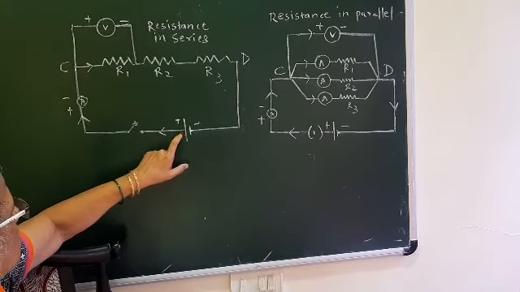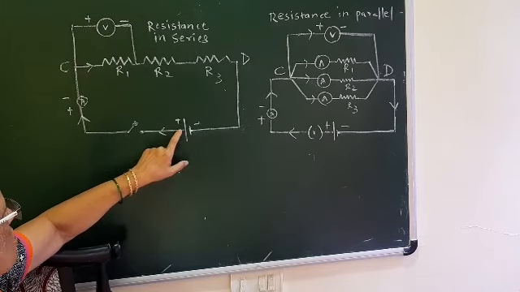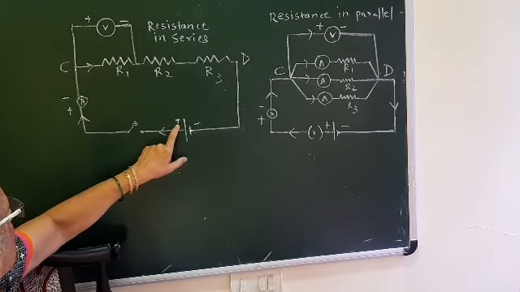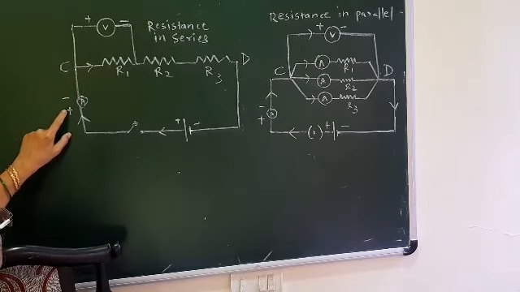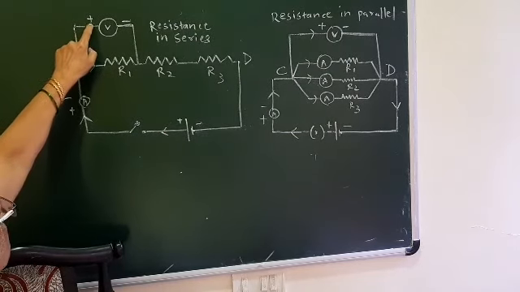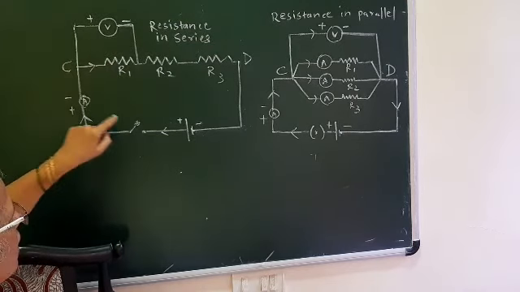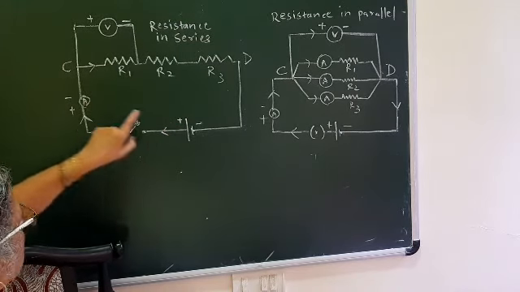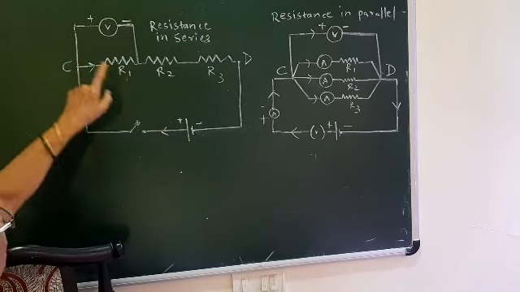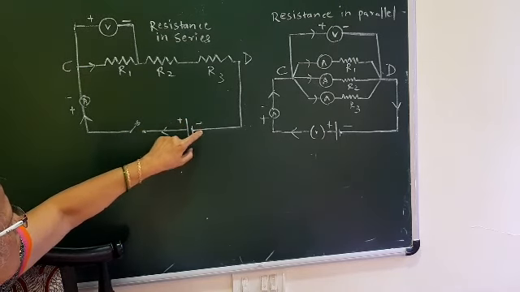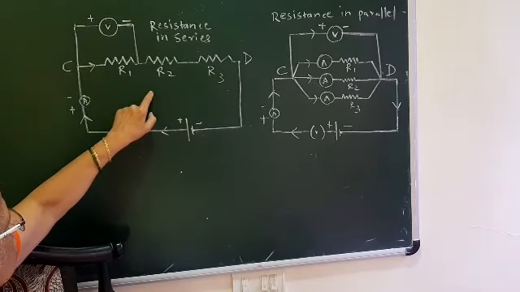Remember that the positive terminal of this cell should be connected to the positive terminal of the ammeter, and to the positive terminal of the voltmeter. While drawing the diagram, showing the positive and negative terminals is very important. If you mark them in a reverse way, you won't get the mark.